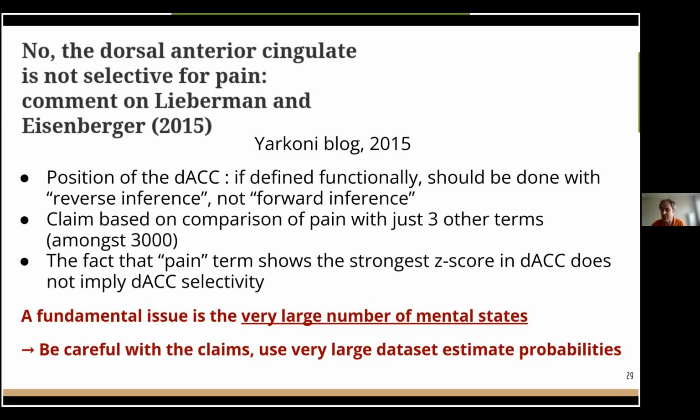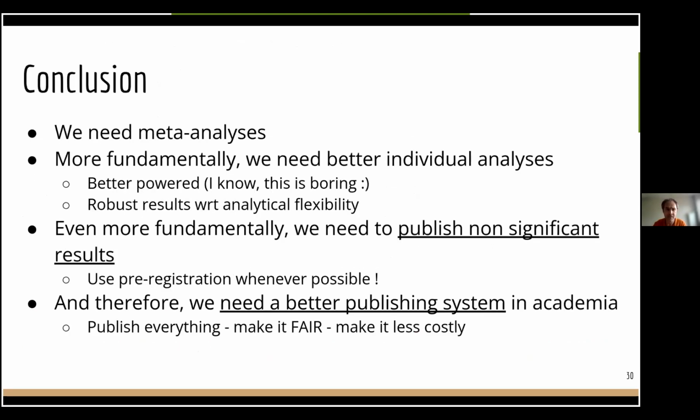If initially the reverse inference was actually an association test, you have to know how the association test is done to understand that it was not a reverse inference. So we have to be careful with the claims, and we also need very large data sets to estimate those probabilities.